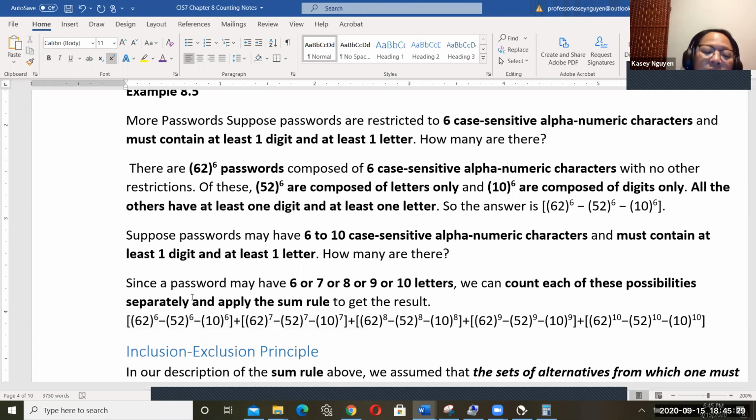You would find the value for only 6 with 1 digit, 1 letter, and then 7 characters, 8 characters, 9 characters, and 10 characters. So if we go all the way through 12, then you add 11 and 12, and that will be your result.